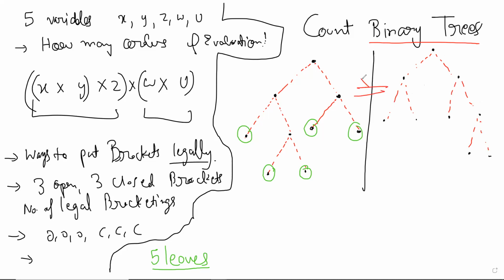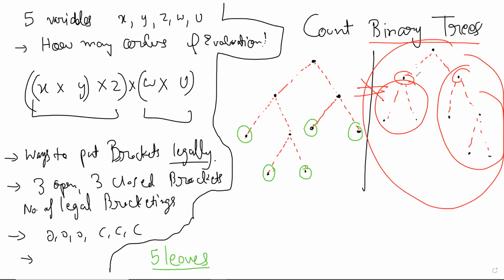These are not equal. Because here, for the second level, the left child is this tree and the right child is this tree, and they are different. What the left child has in the second tree has a certain structure and that is different from the left child in this one. So they're different. They're not the same. So these two are different examples.